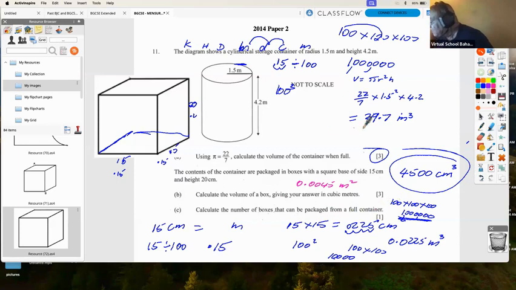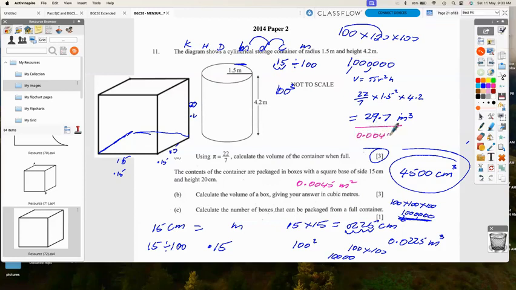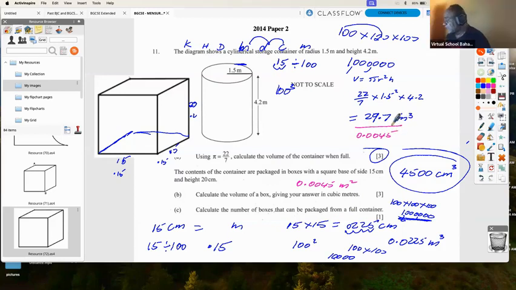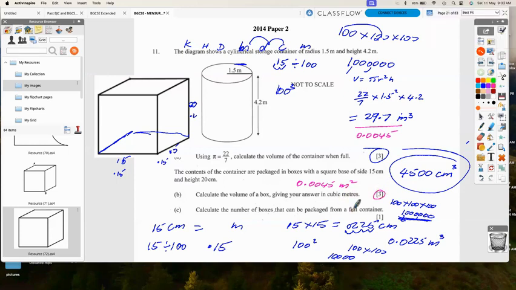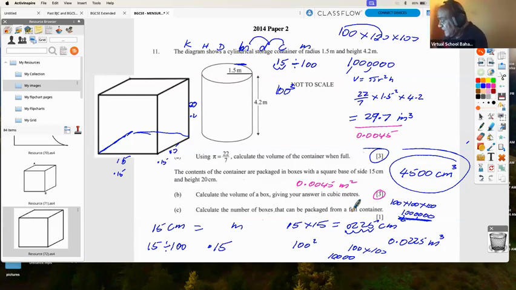So now we have to divide this here, because this is in meters, we're going to divide it by 0.0045. That is why you get the big 3 points here, because they want the answer in cubic meter. So see what you will get there. 6,600. Yeah, so that is how many little boxes you will get. Right?